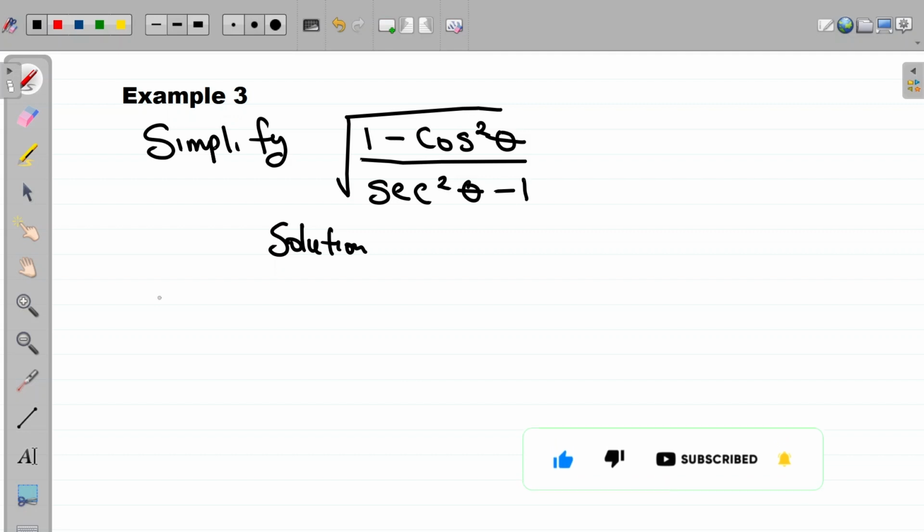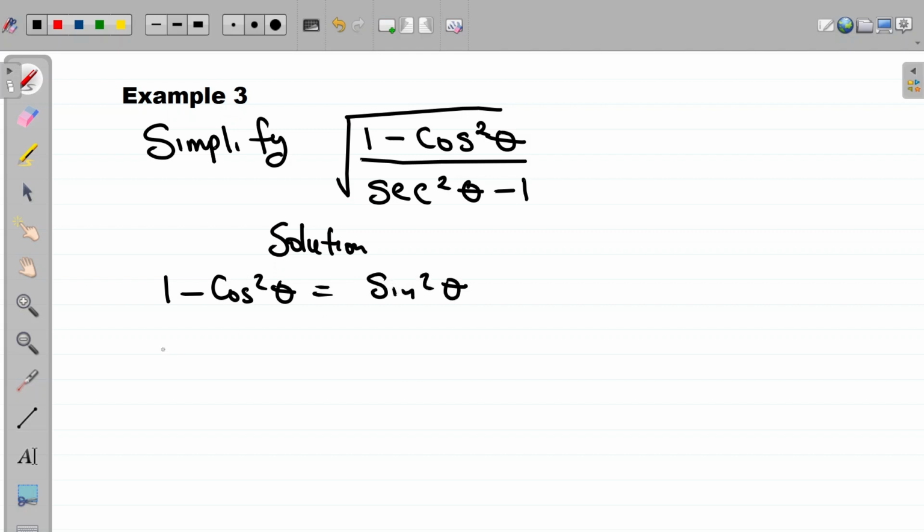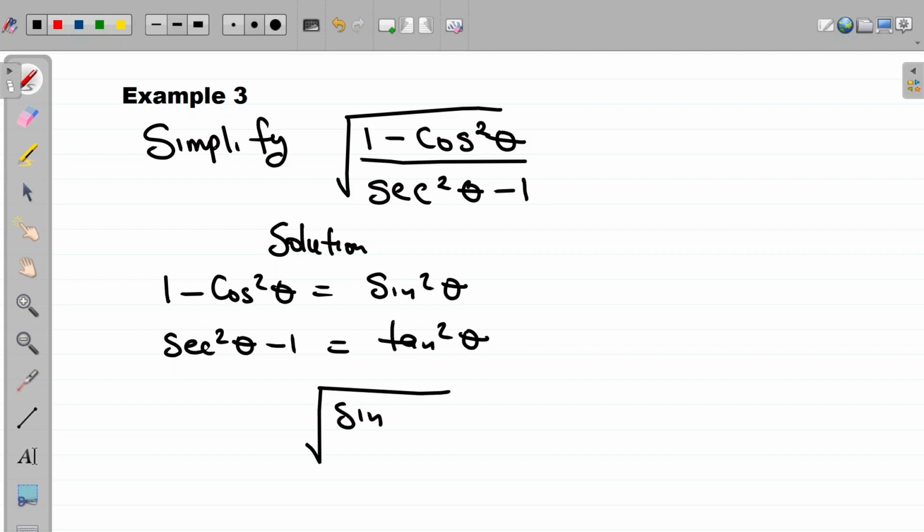We established that 1 minus cos square theta is equal to sine square theta, and also sec square theta minus 1 is equal to tan square theta. Therefore, our expression reduces to sine square theta divided by tan square theta.